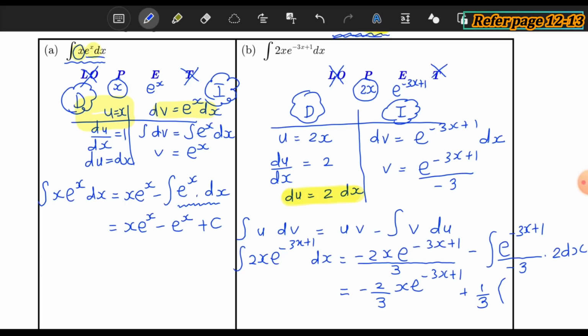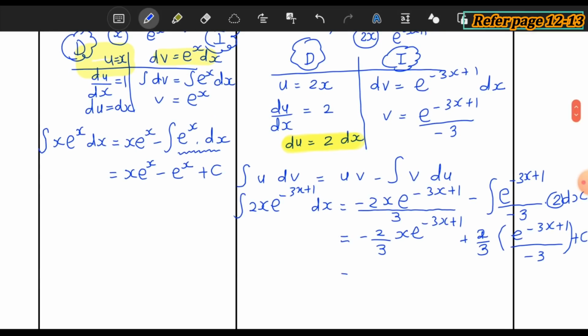We differentiate exponent negative 3x plus 1. Sorry, we have 2 here, so we need to write 2 over 3 as the constant. Integrate exponent negative 3x plus 1 is exponent negative 3x plus 1 over negative 3, and then plus c.